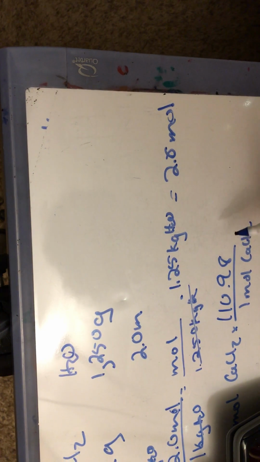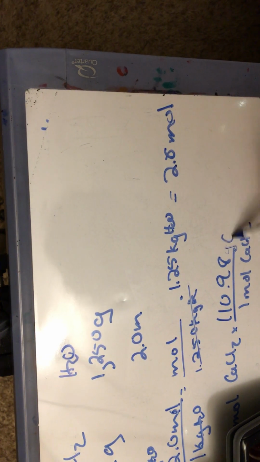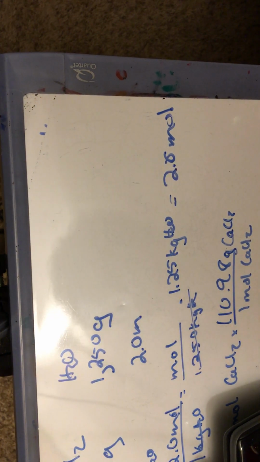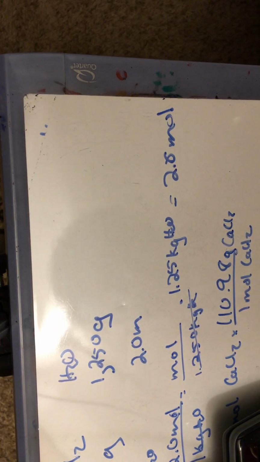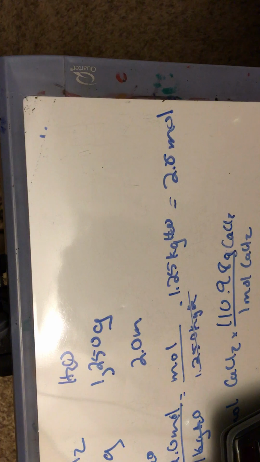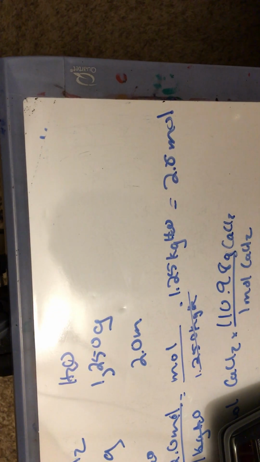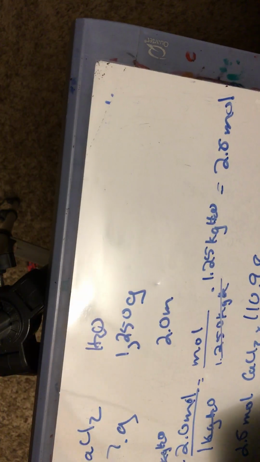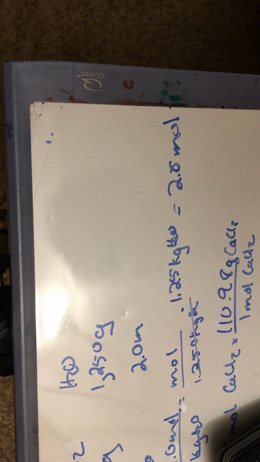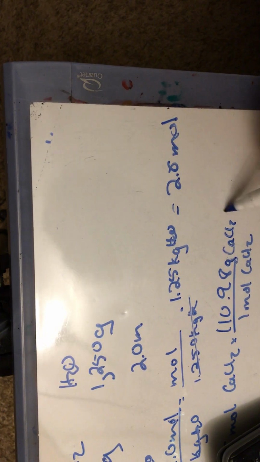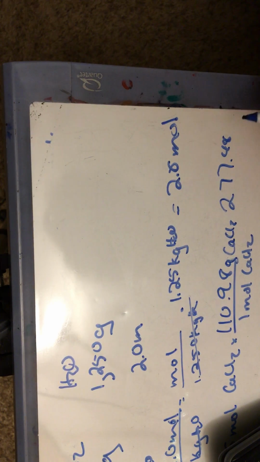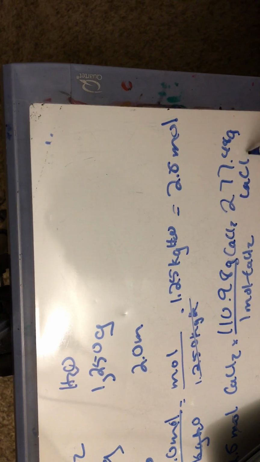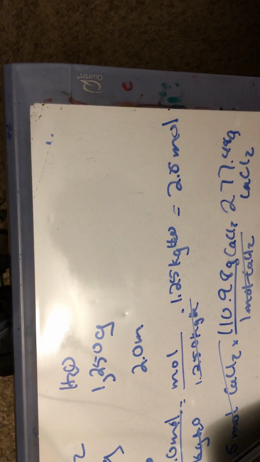So I have 110.98 grams calcium chloride per mole. Doing it a second time. Make sure I got it right. Yep, that's the same. And we want to multiply that by 2.5 to get 277.45. And that would be grams of calcium chloride because moles will cancel out.